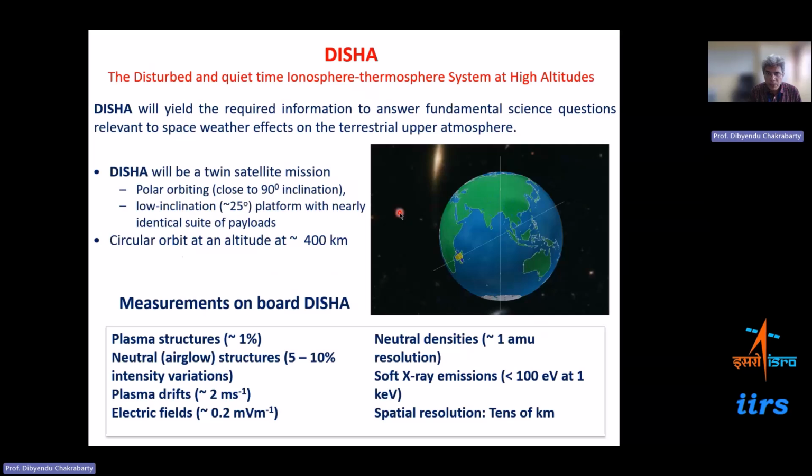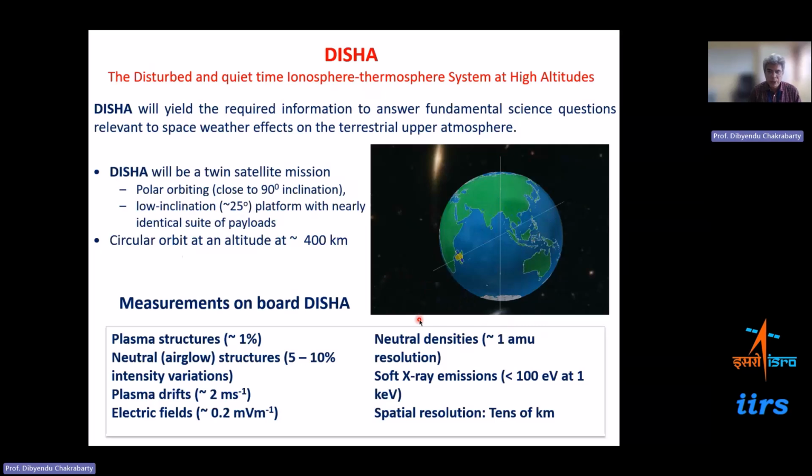We are also planning one more mission which we call Disha. Once you measure the solar wind disturbances from the L1 point, we also want to see what the impact is on the ionosphere, where many satellites, the low Earth orbiting satellites, move. In order to do that, it is proposed that we have 2 satellites in 2 different orbits, one with high inclination and another with low inclination.